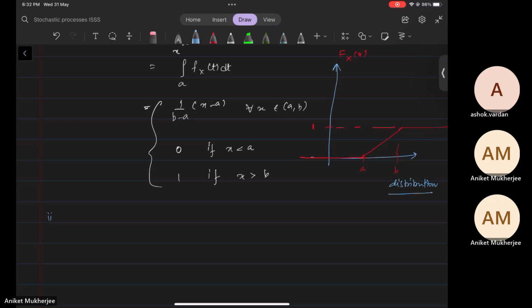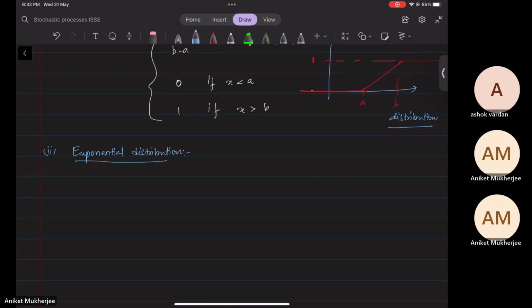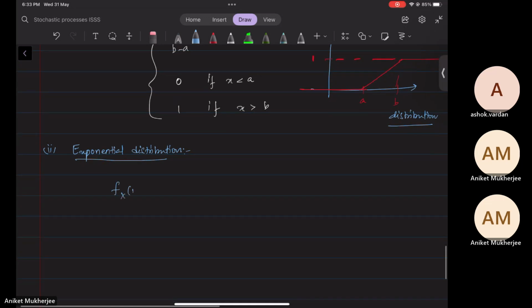The next one is the exponential distribution. For the exponential distribution, the density function is given by lambda e power minus lambda x, and the distribution function is given by integrating from minus infinity to x of f_X(t) dt.